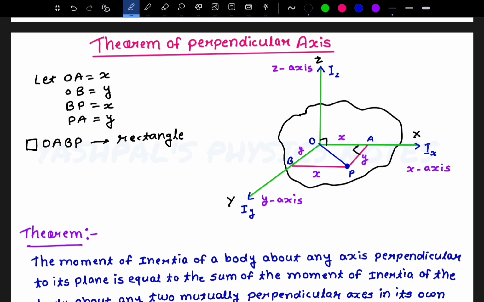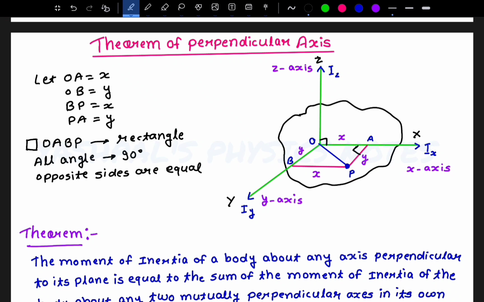So quadrilateral OABP is a rectangle, and we know that in a rectangle all angles are 90 degrees and opposite sides are equal.